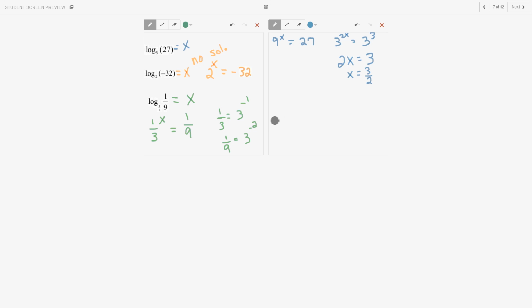So I can rewrite that instead of 1/3 to the x, it's going to be 3 to the negative 1 x. And instead of 1/9, 3 to the negative 2. So negative 1x equals negative 2, x equals 2.